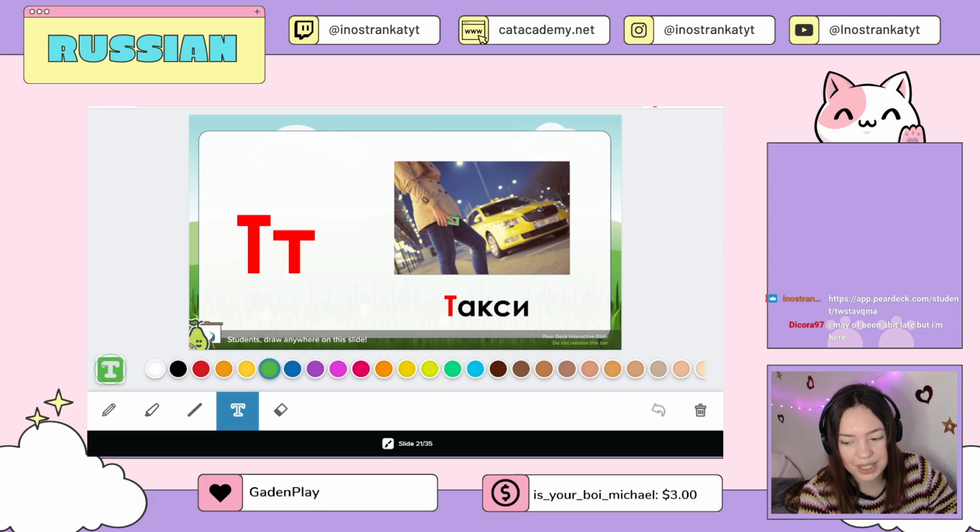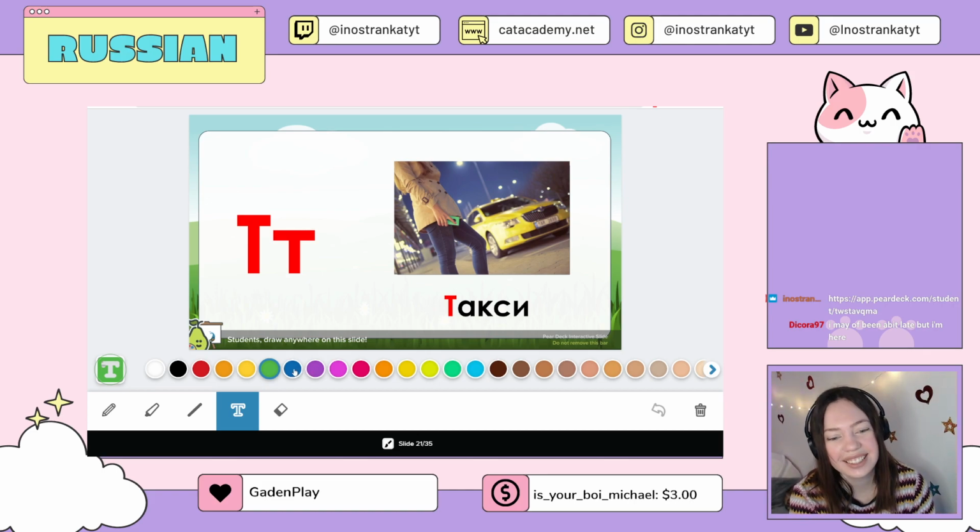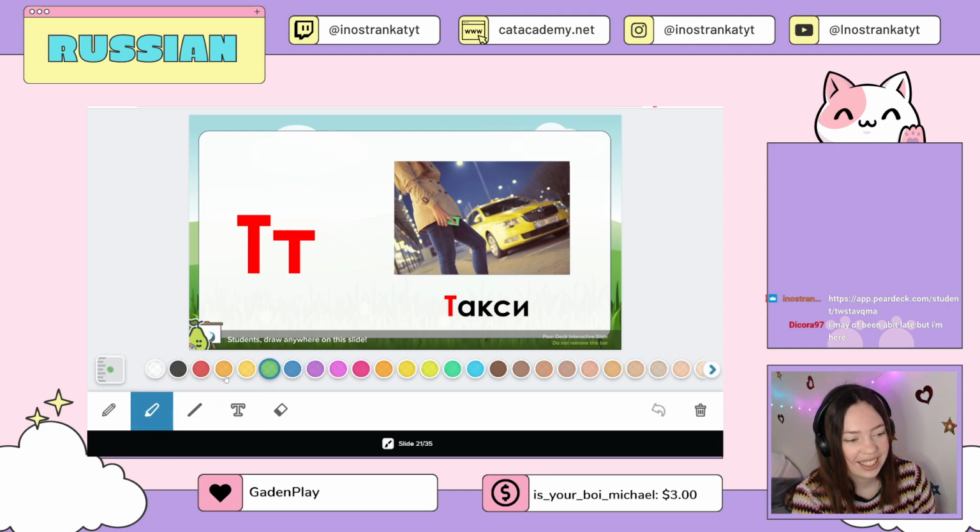Next one, also exactly easy. I think it became an international word: the yellow cab. Another word, another meaning for cab is a taxi. So in Russian language, it's the same. Taxi.